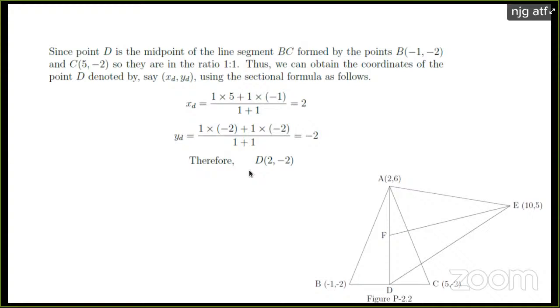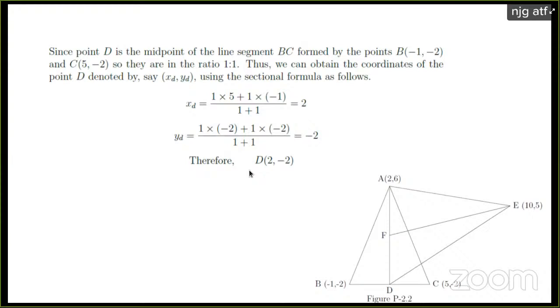We have given you the coordinates of B and C as -1 comma -2 and 5 comma -2, and it cuts in the ratio 1:1 internally. So you can use the section formula. By using the section formula, you can find the x coordinate and y coordinate of the point D. So you get 1 times 5 plus 1 times -1 by 1 plus 1, which after simplifying gives 2.